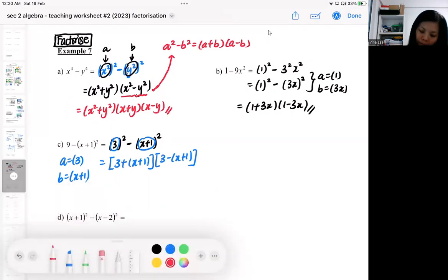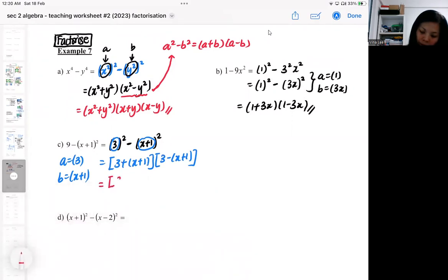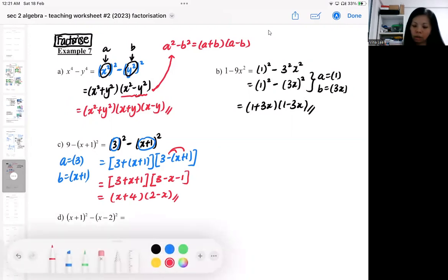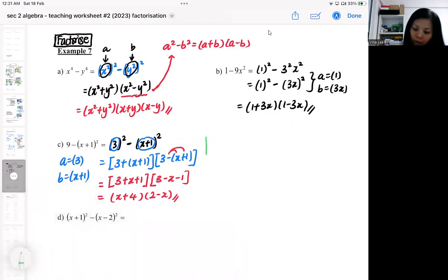Within the square bracket, do you realize that you can actually simplify? I'm going to simplify and I will get the nice two brackets. So this is the correct answer. Some students in exam will unknowingly do this. I'm going to tell you this one is wrong.